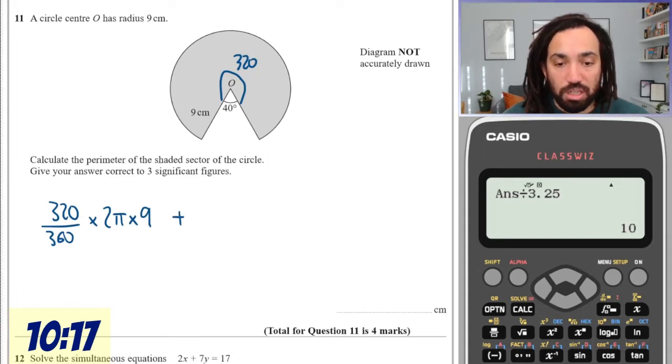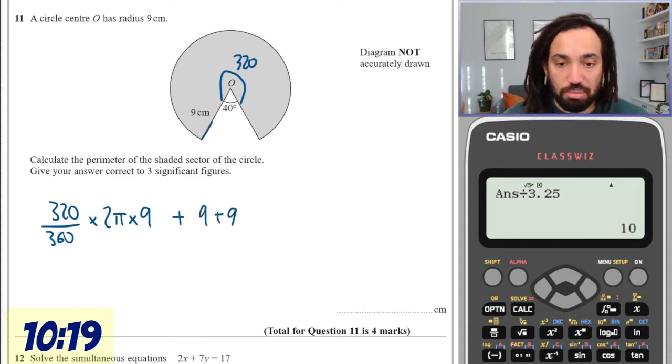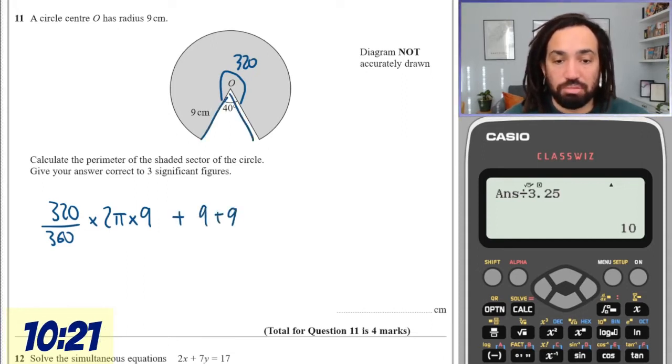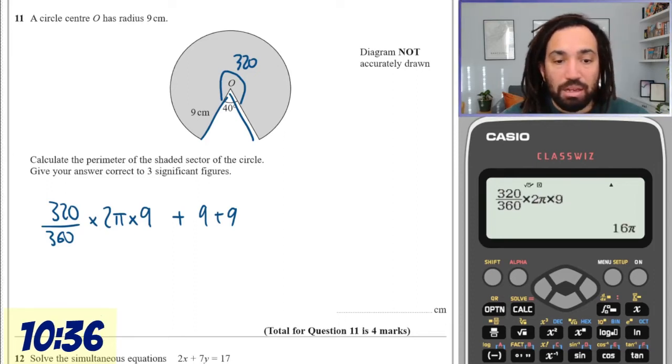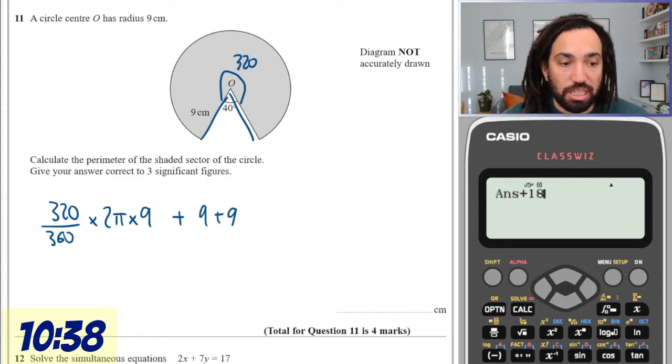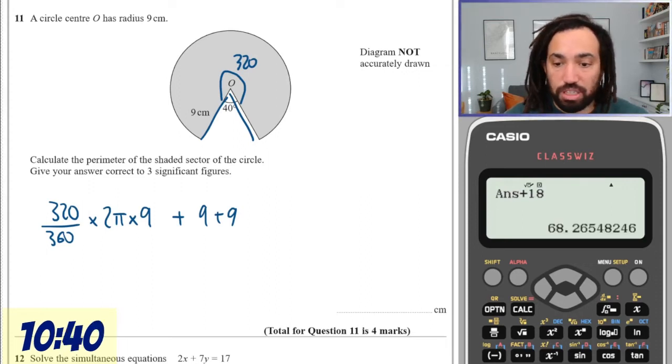And then we have to also add on these side lengths here, which are both 9, to make the perimeter. So 320 over 360 times 2 pi times 9, plus 2 nines are 18. Fine, so to 3 significant figures we get 68.3.